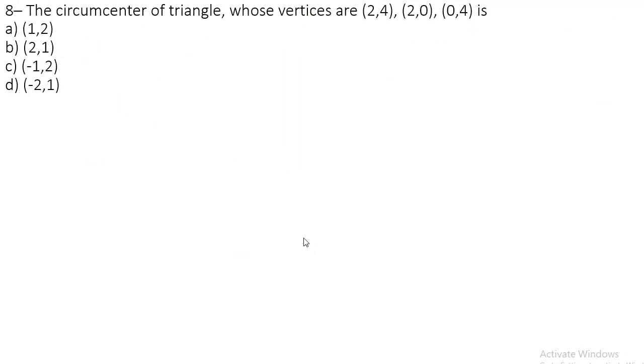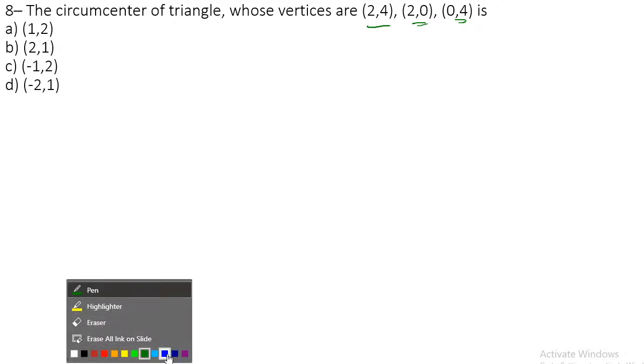Let us solve these questions. The circumcenter of the triangle whose vertices are 2, 4, 2, 0 and 0, 4, one of the vertices being the origin. But first, what is circumcenter?